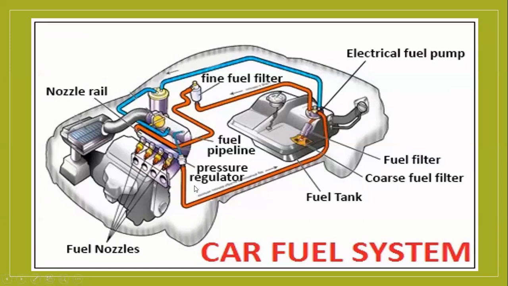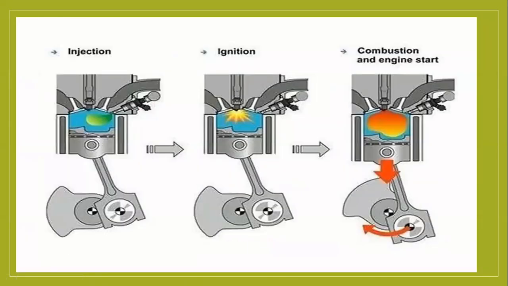This is the diagram. The red color one is the active fuel. It goes there and is injected or sprayed for burning. Excess fuel is collected by this filter and sent to the tank again, and this fuel is also then used to burn. Right, here I told you there are four phases.